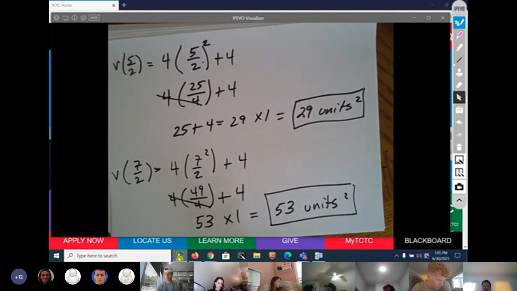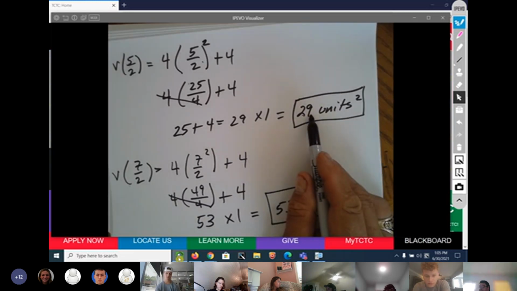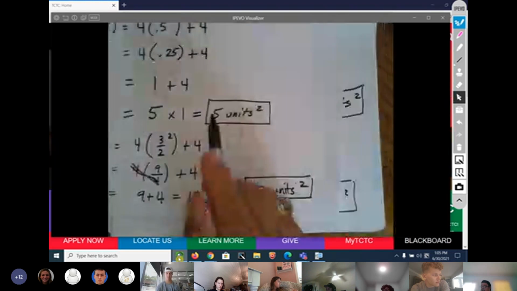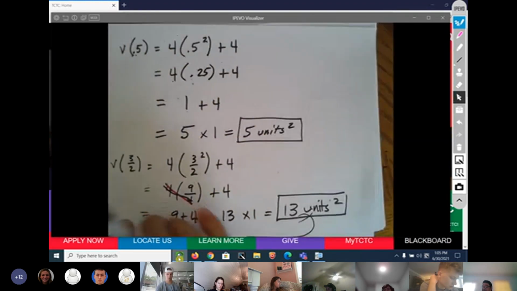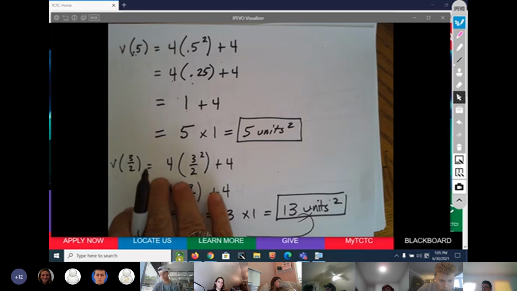So the algebraic area of this midpoint Riemann sum is 53 plus 30 is 83 minus 1 is 82. 82 plus 5 is 87. Plus 13 is what? 100? Somebody check my math.